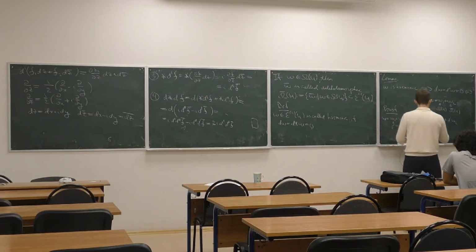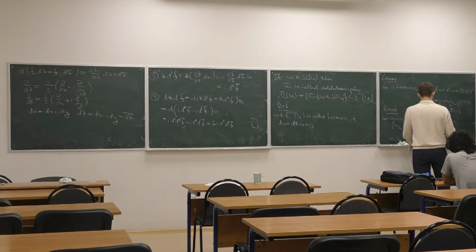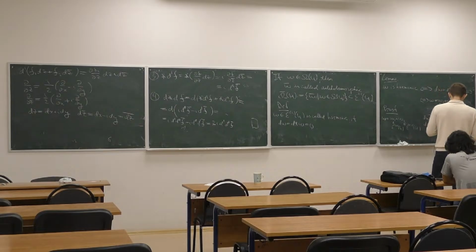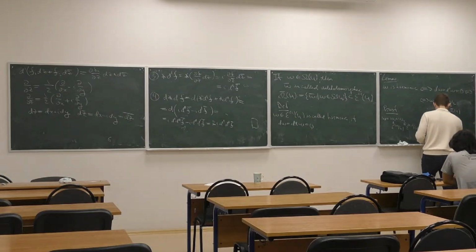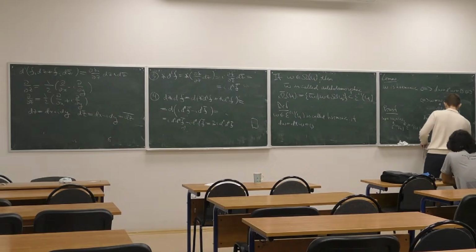And if you want to apply star, d star omega is equal to i times (d double prime omega 1 minus d prime omega 2) bar.